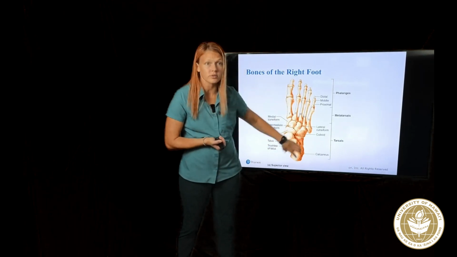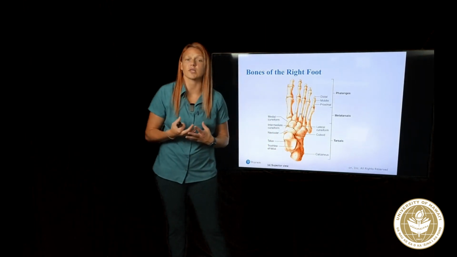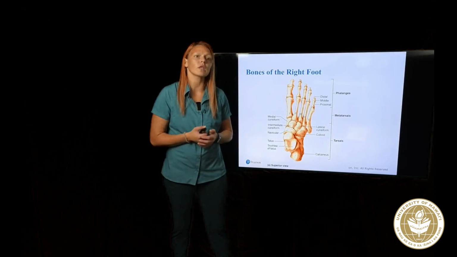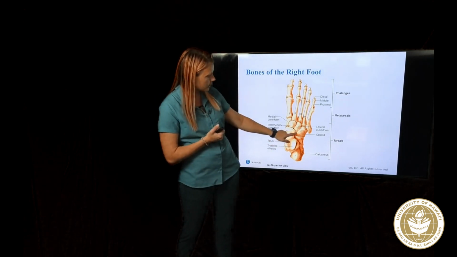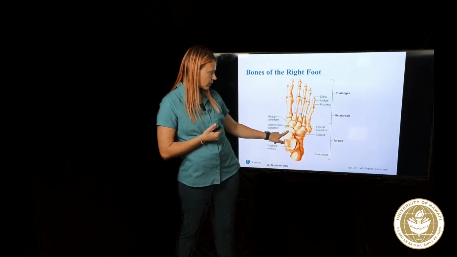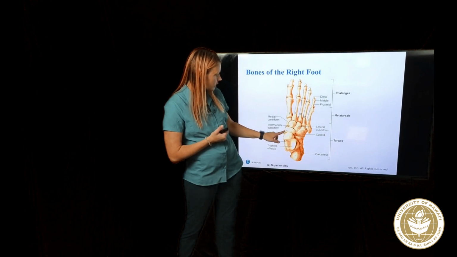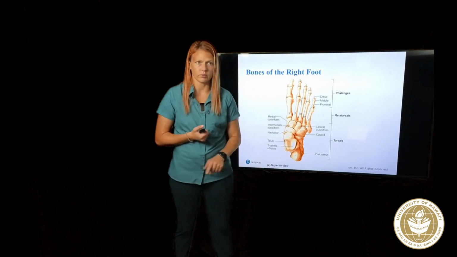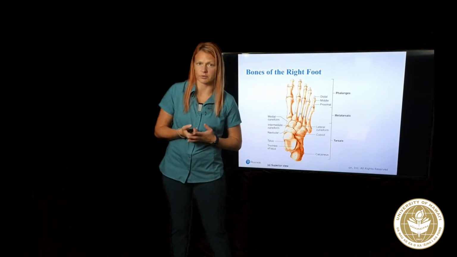So those 2 bones are going to take most of that body weight that's transmitted through your tibia. The other tarsal bones are going to be the cuboid, right here, navicular. You also have your medial cuneiform, your intermediate cuneiform, and your lateral cuneiform. So those are going to be your tarsal bones.